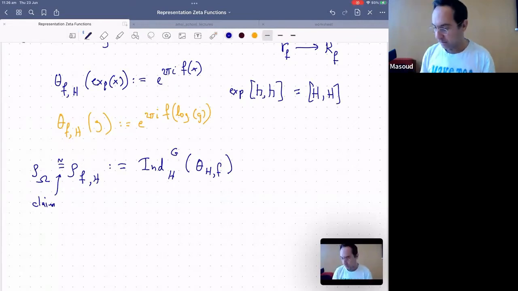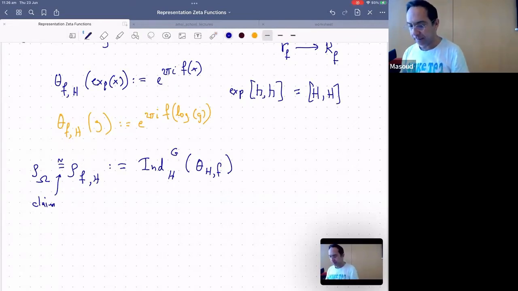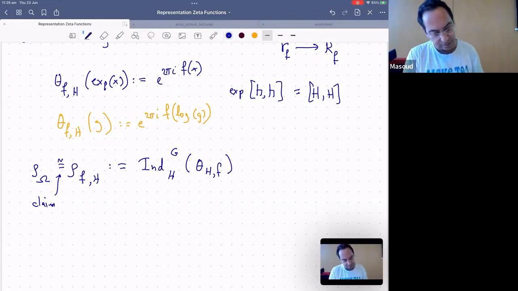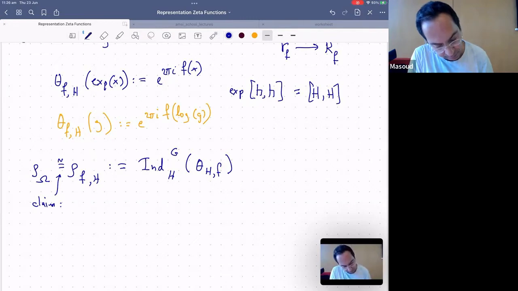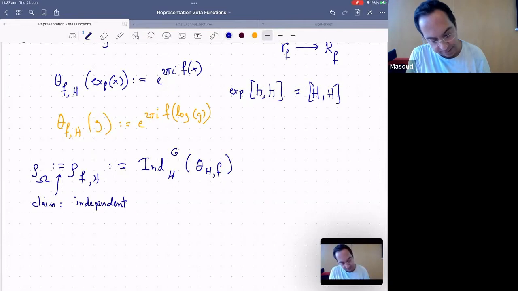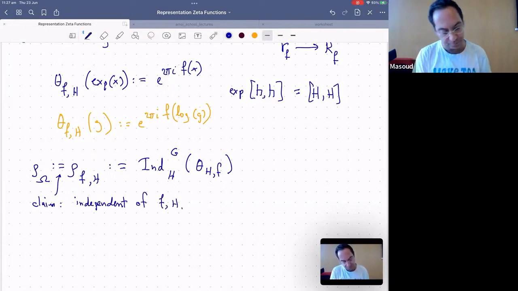And now the statement is, so claim that this is independent. Okay, let's do it like that. I will define it like that, and I will say that this is independent of f and h.